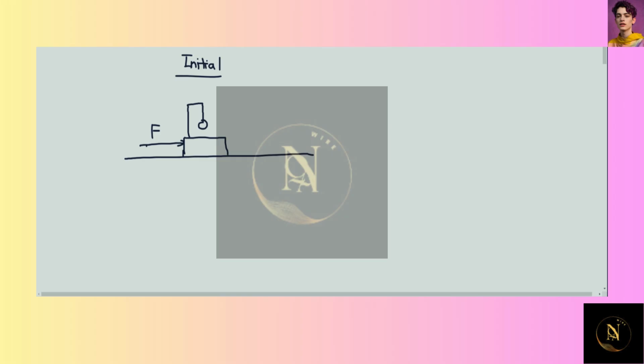We are also given that the pendulum is mass m, and the glider is also mass m. After some time, the force pushes the system.